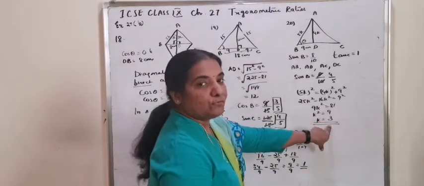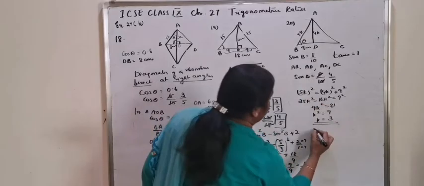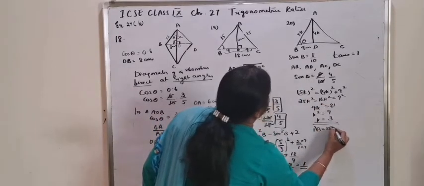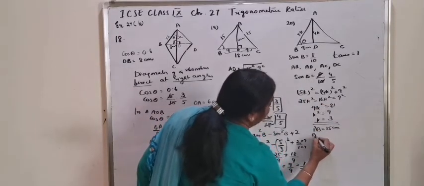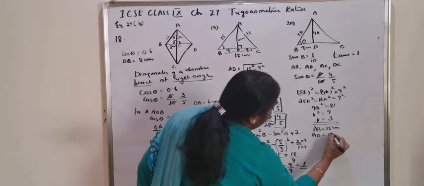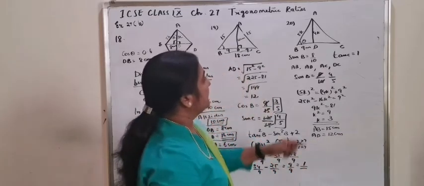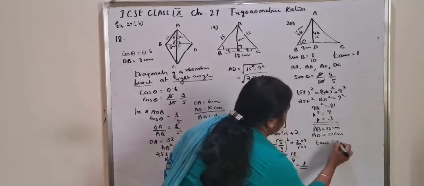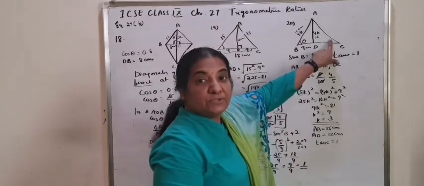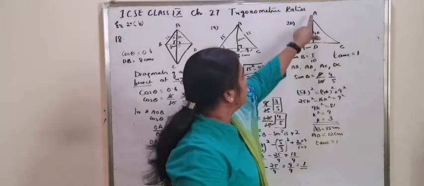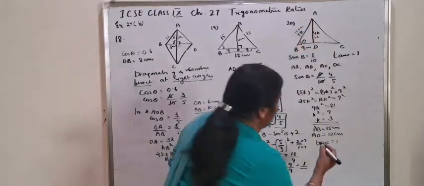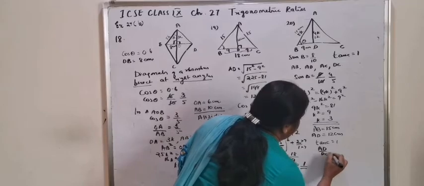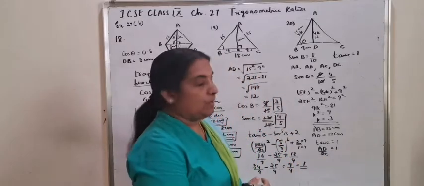Once you get the value of K, you can substitute the value. That means AB length is 15 centimeter. AD length is 12 centimeter. And tan C is equal to 1. What's the meaning of tan C? AD by DC is equal to 1.